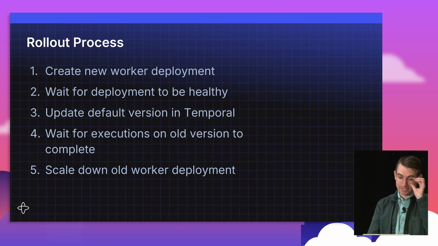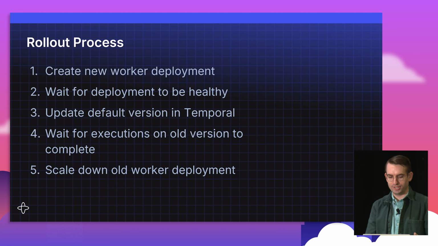Okay, so to actually use worker versioning in real life, there is still some process that you have to take into account. It boils down to, 1, you have to create a new worker deployment and be careful not to spin down your existing workers. Then you need to wait for that deployment to be healthy before you start sending it traffic.